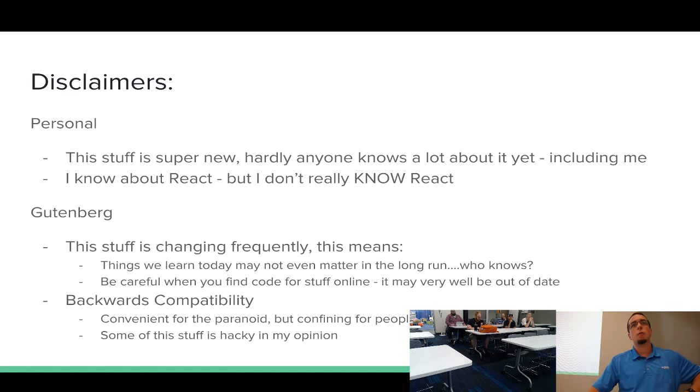You may easily stumble upon information that is outdated because six months ago it was probably correct and now it's not. I actually ran into that in a couple places, and I'll point out which places those were when we get into it. So yeah, just be careful.